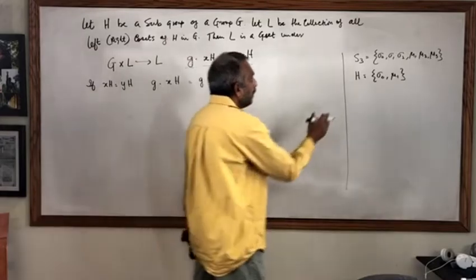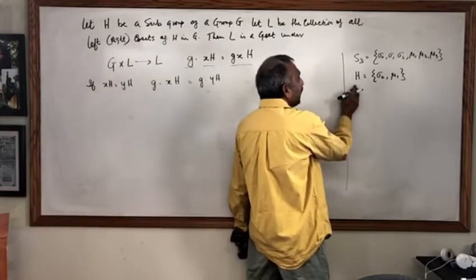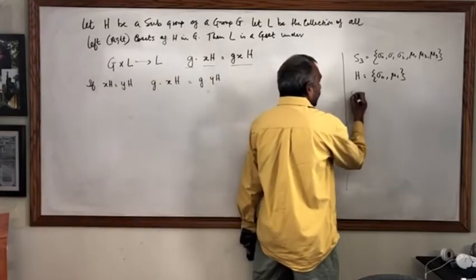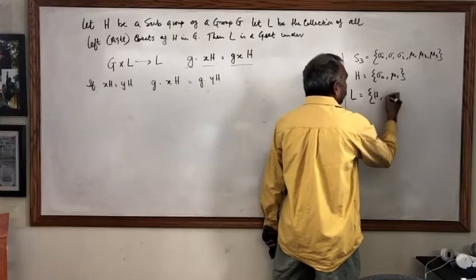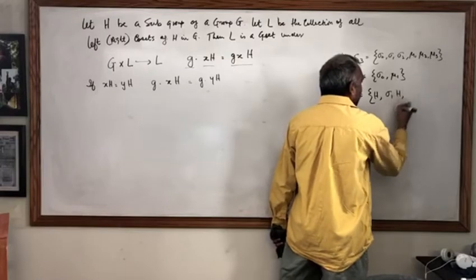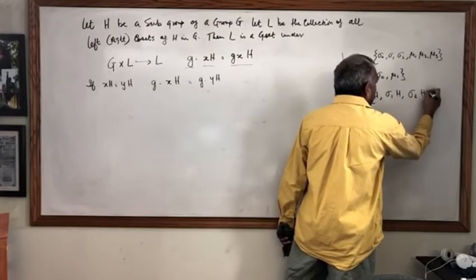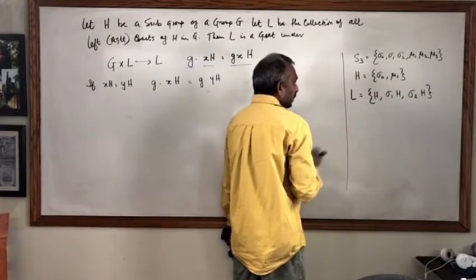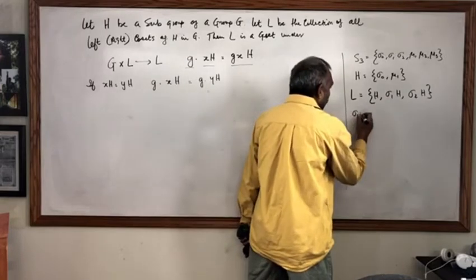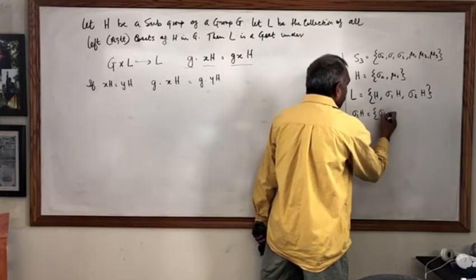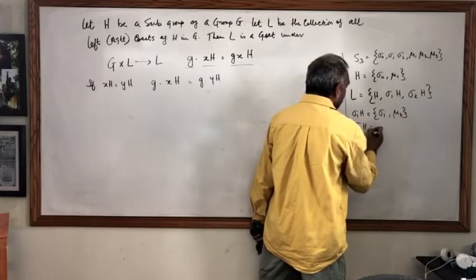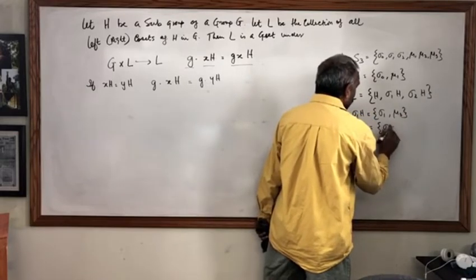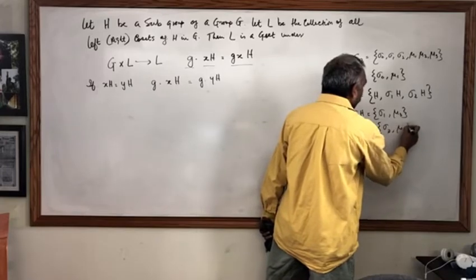So there will be 3 elements in the left coset. So L is H, sigma 1H and sigma 2H. See, in sigma 1H, you will have sigma 1 and mu 3. And in sigma 2H, you will have sigma 2, mu 2.